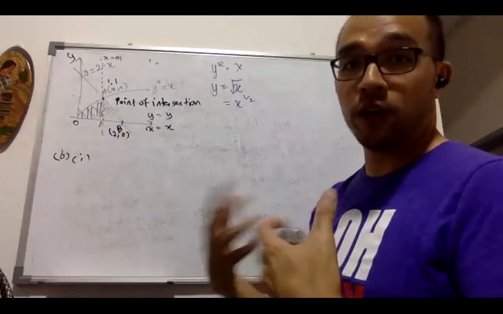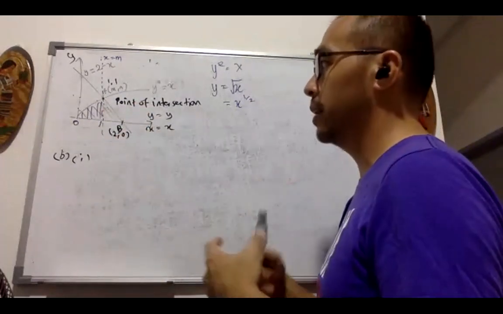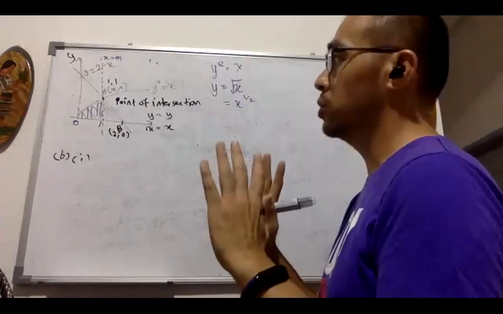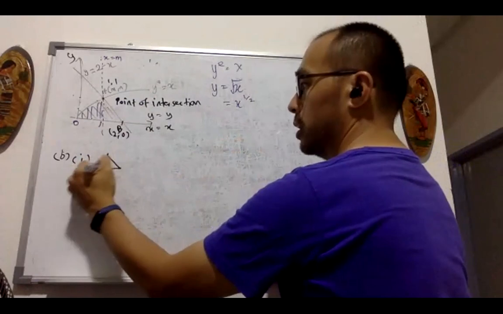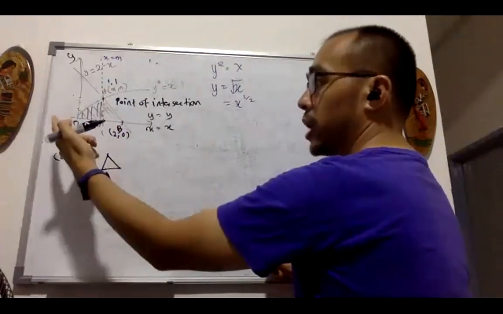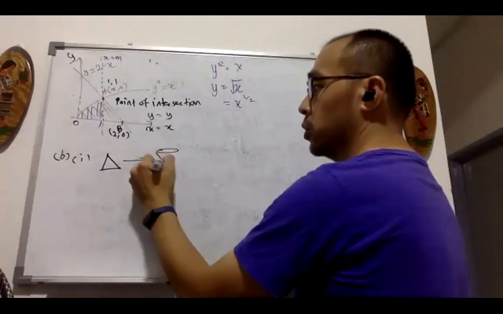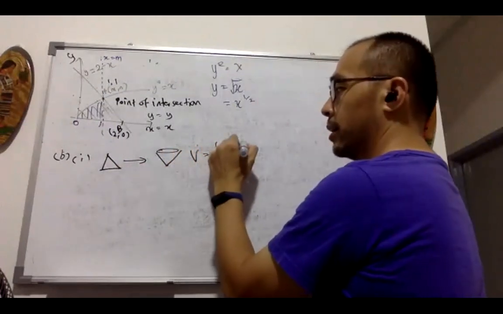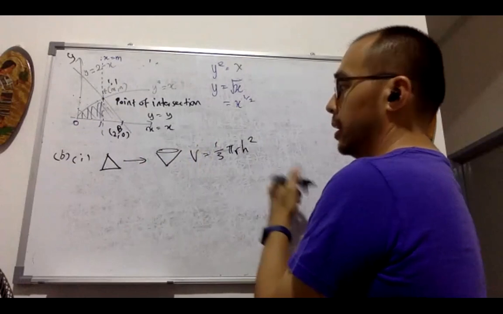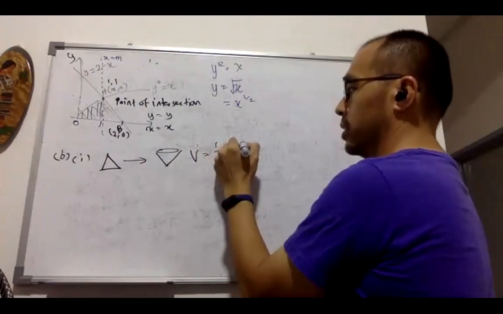If there are two sections for the volume, usually I will teach people to find the volume in two different parts. If it is in the shape of a triangle, the volume will be a cone, and the volume for the cone is 1/3 pi r squared h.